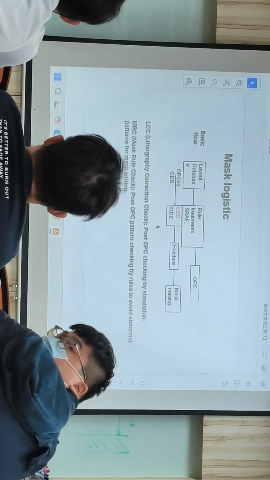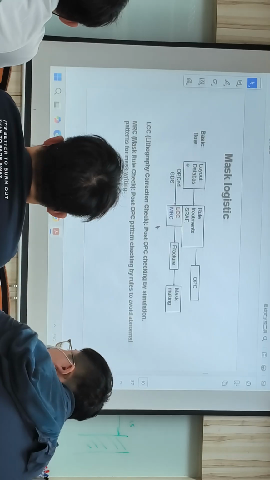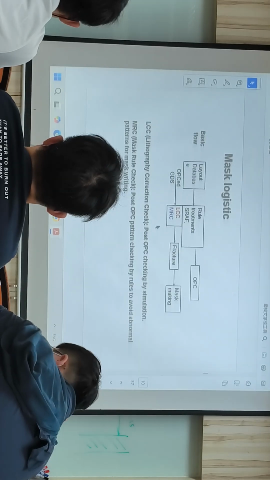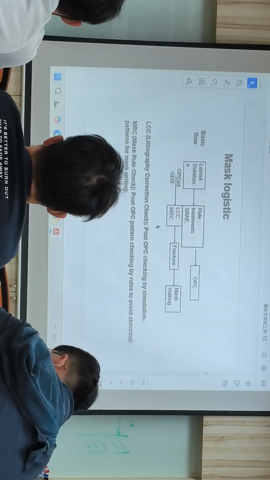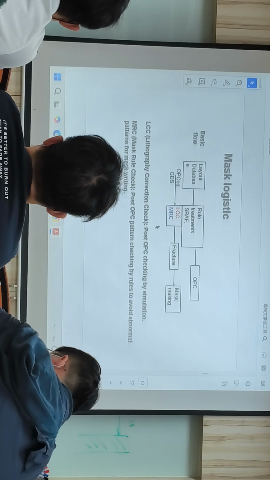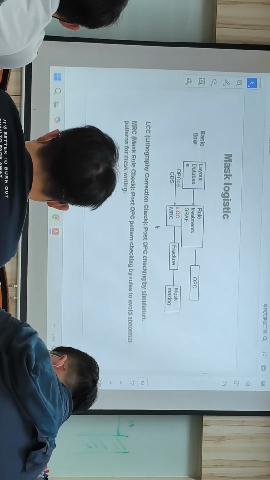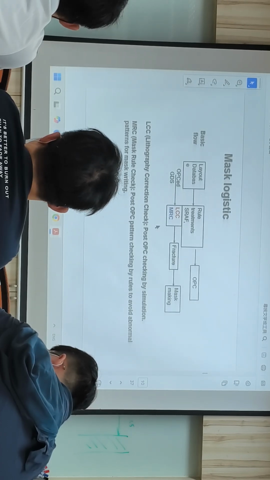Okay. So that's something that needs to be checked before they do the OPC. There's software doing a DRC check or LVS check. They'll find out something like this, or something like this.